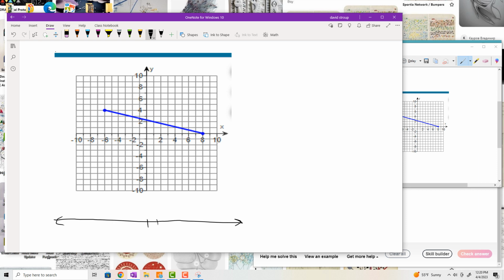So it's like 1, 2, 3, 4, 5, 6, 7, 8, 9, 10. And then the other direction, -1, -2, -3, -4, -5, -6, -7, -8. So the shadow cast is clearly, I think, going from -6, including -6, because it has a closed dot, all the way over to 8.